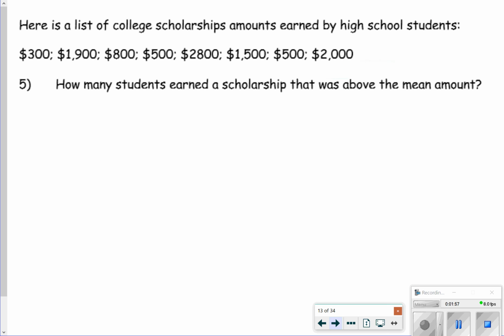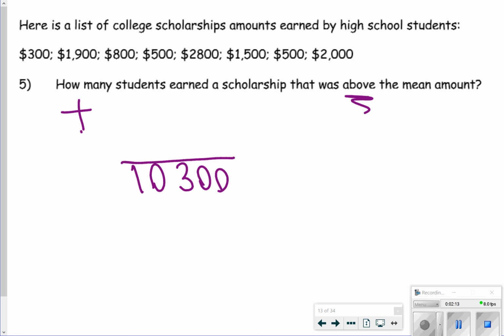Okay. The next thing we have, it says how many students earned a scholarship that was above the mean amount. Well, first we have to find the mean, and in that case we're going to add first. When we add these all together, we get 10,300. Then we divide that by the 8 amounts that are listed, and we'll get roughly $1,287.50.